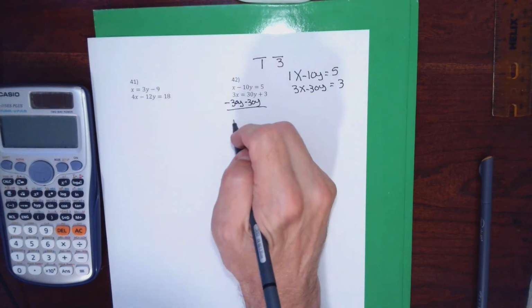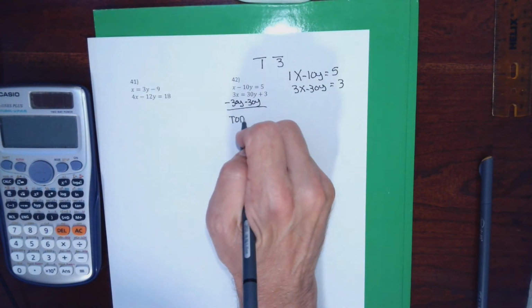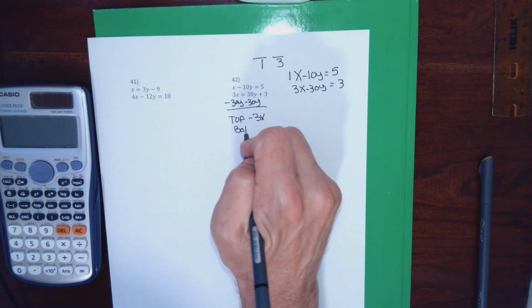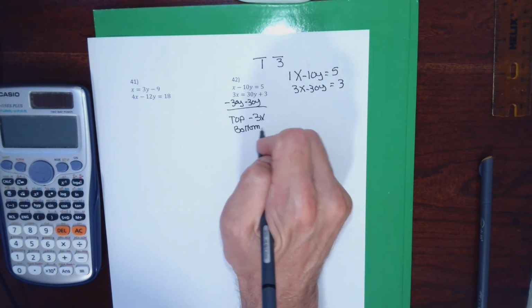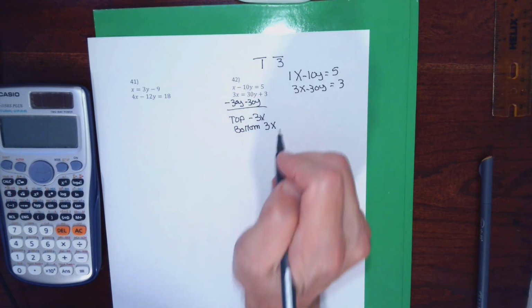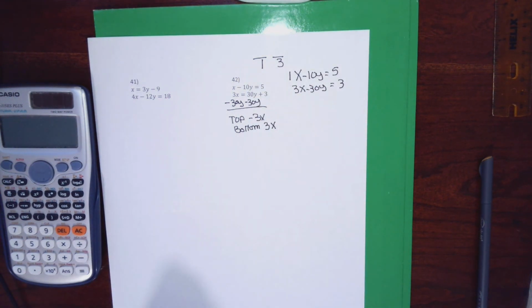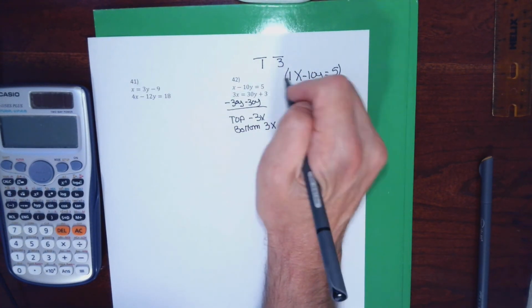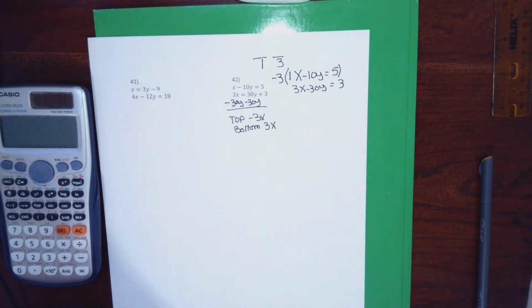So I need to make one of the x's have a negative 3x and the other x have a positive 3x. Since I already have the positive 3x in the bottom, I'm going to leave it there and I'm going to make the top x have a coefficient of negative 3 by multiplying the entire top equation by negative 3.